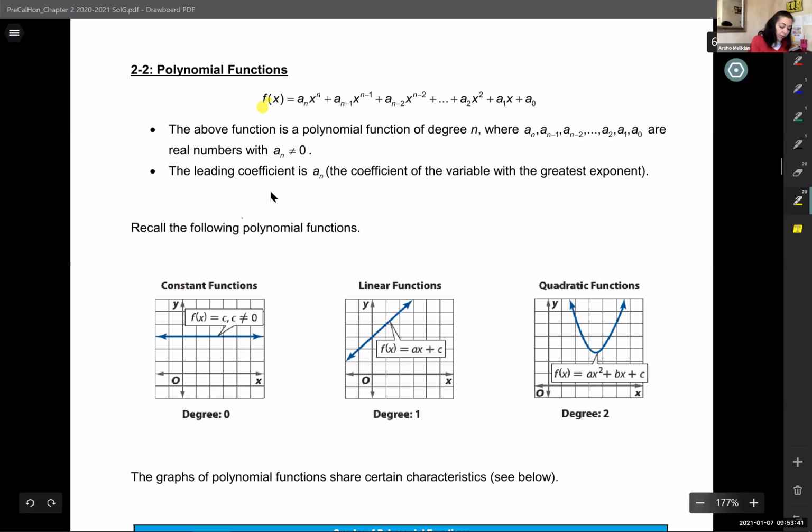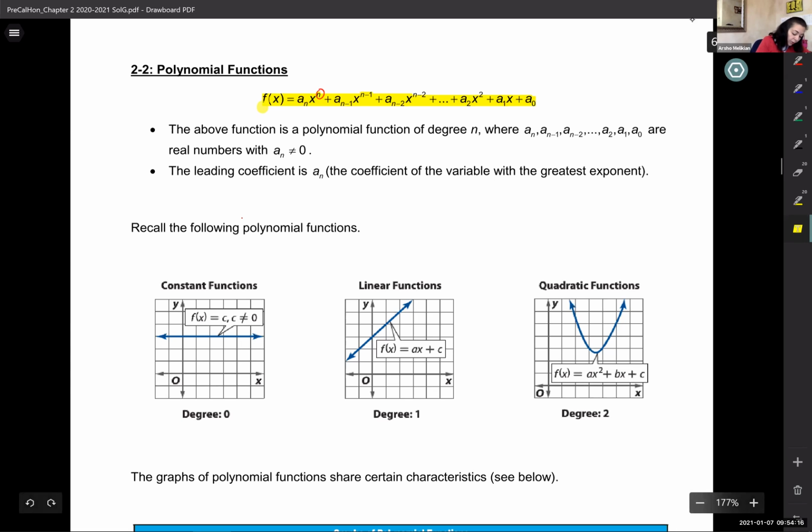Okay, so a polynomial function looks something like this, right? Where what you have is x's raised to the power of integers, right? So you have a_n x to the n, x to the n minus 1, and so on. The exponents are integers, and they can go from 0 to any number you like, all right?